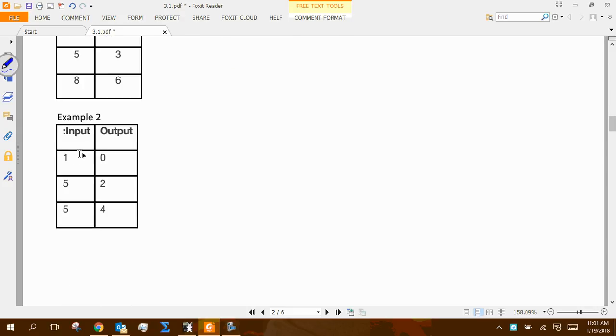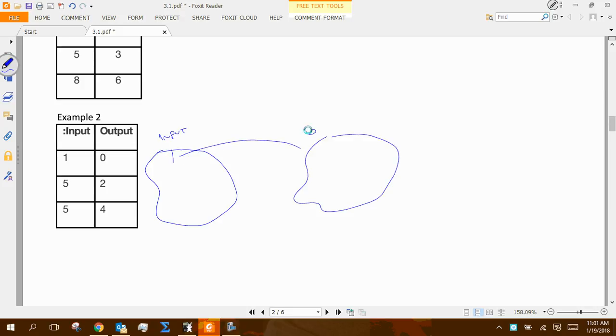This one here is not a function because when I have the input of 1, if we go back to that mapping idea, it's pairing me up with an output of 0. So that's fine. But here now I've got 5 paired with 2.